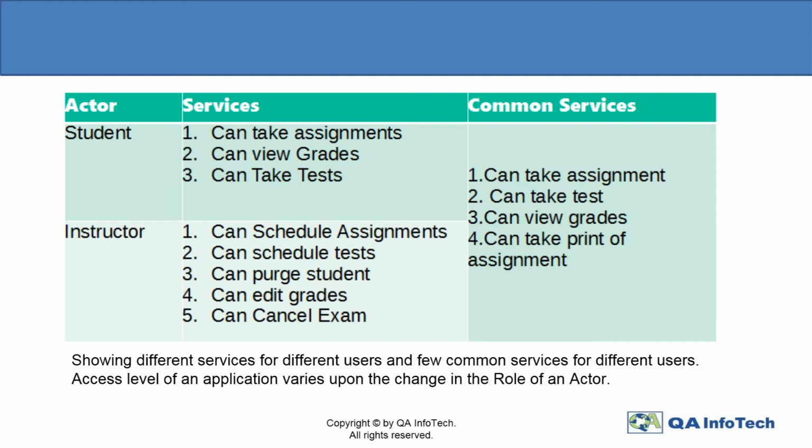For example, a student can take assignments or view grades, whereas the role of an instructor is to schedule assignments or tests. But some services that are the same for both can be to take a print of the assignment, to view grades, etc. This access of the application varies upon the role of the actor.